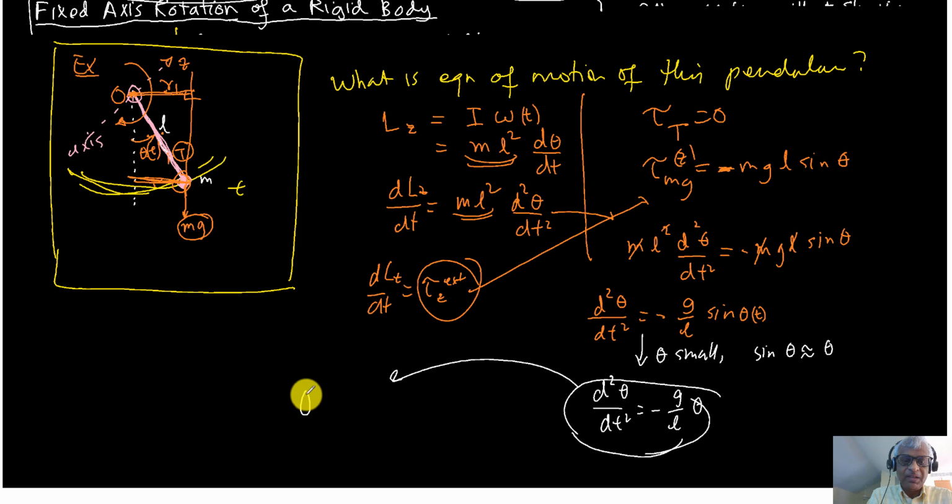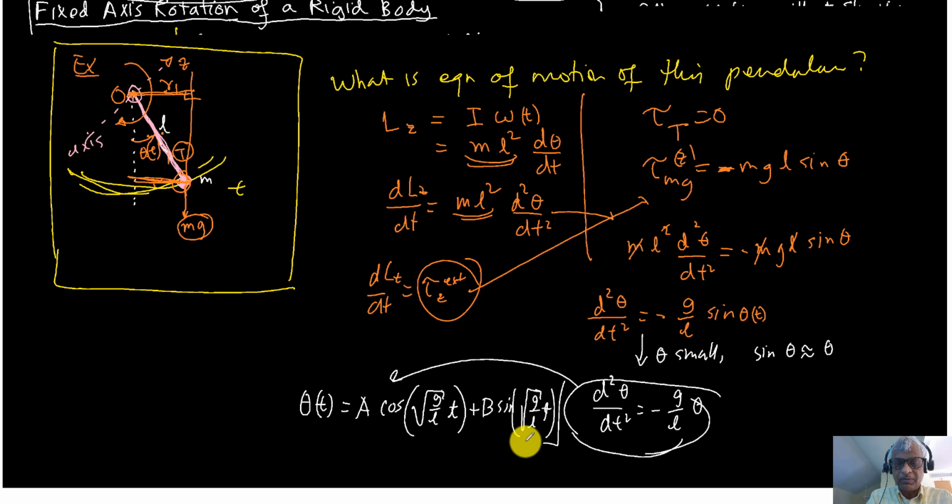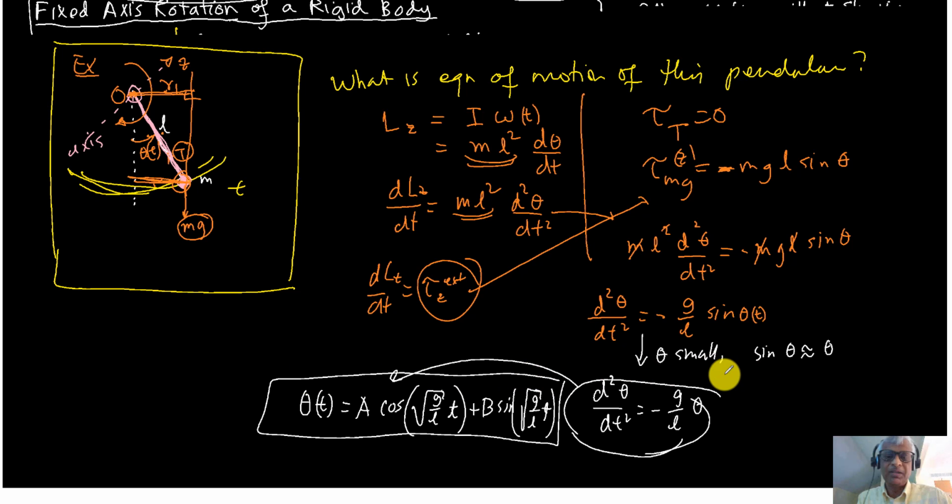Theta at any time can be some a cosine of square root of g over L times t plus b times sine of square root of g over L times t. So this is a solution of this problem.